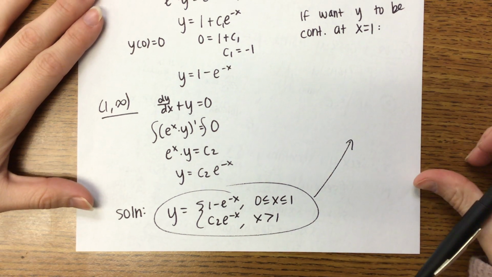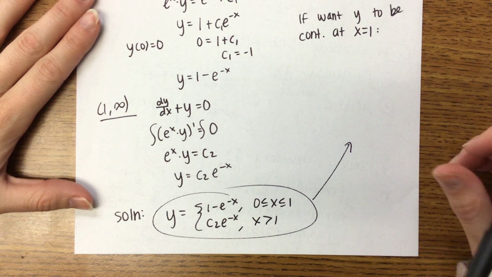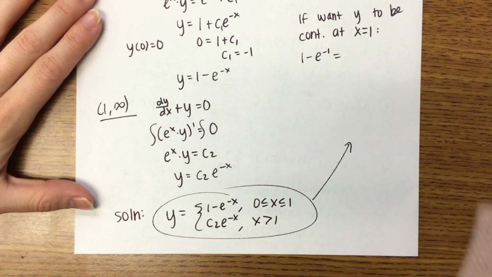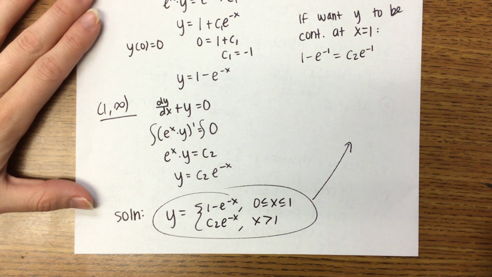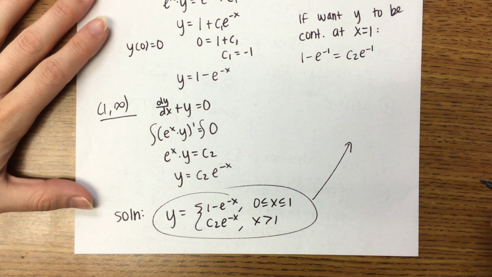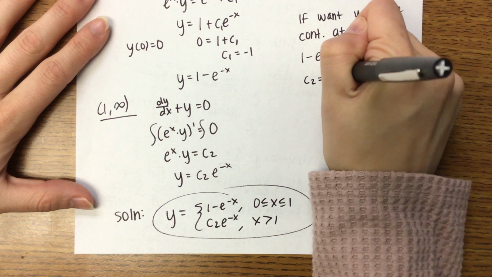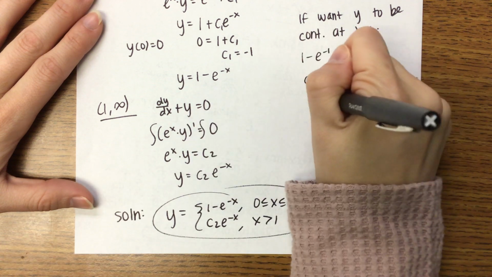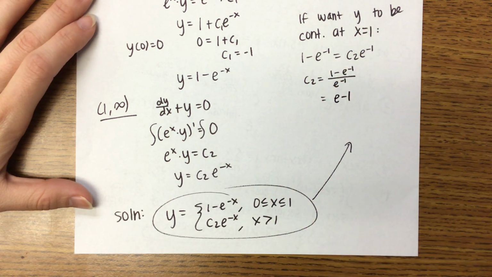So that's where we're going to look. If we want y to be continuous at x equals 1, we can use that to solve for c2. Plug in x equals 1, we get 1 minus e to the negative first. That has to be equal to c2 e to the negative first. So we get c2 then is equal to 1 minus e to the negative first over e to the negative first, which ends up being e minus 1.